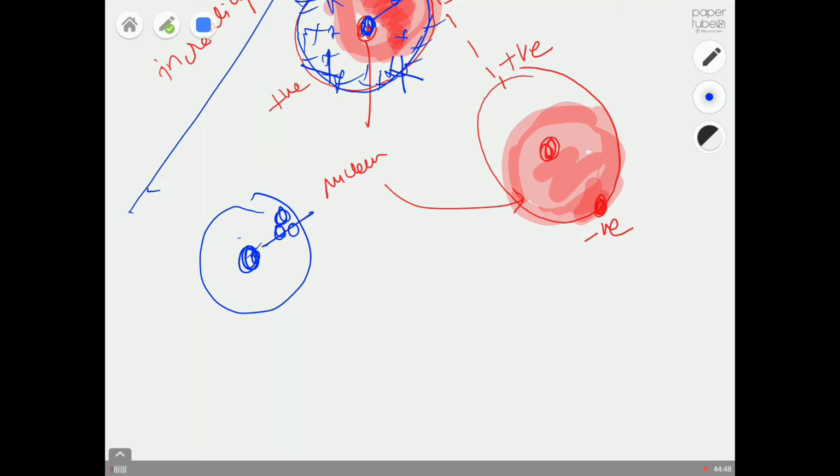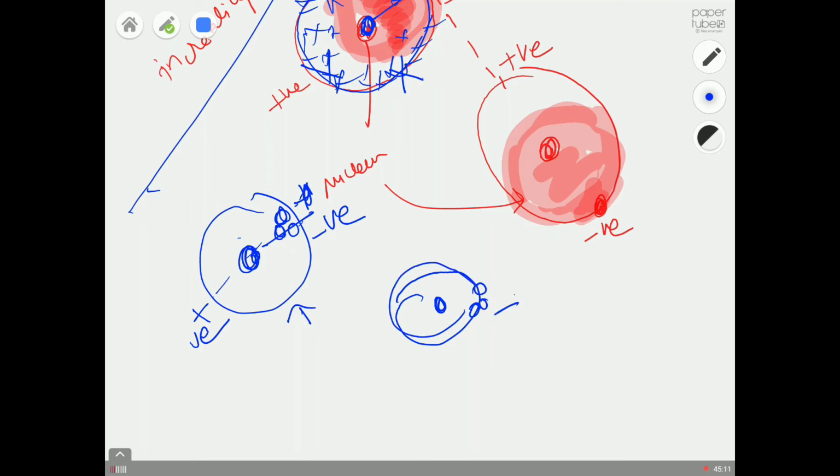The electron is negatively charged, so this side will become negative, and since the electron moved to the other side, this side will become positive. So this is just one atom, and you imagine there is another atom here, and in this case your electrons are on the other side of your atom, and so this side will become negative and the other side will become positive.